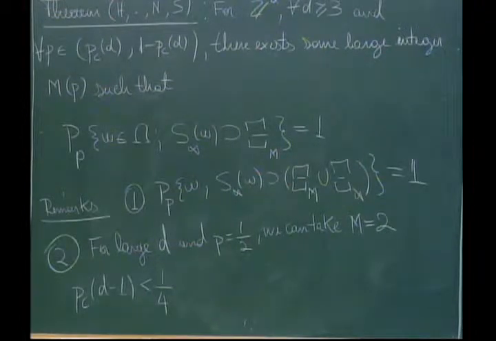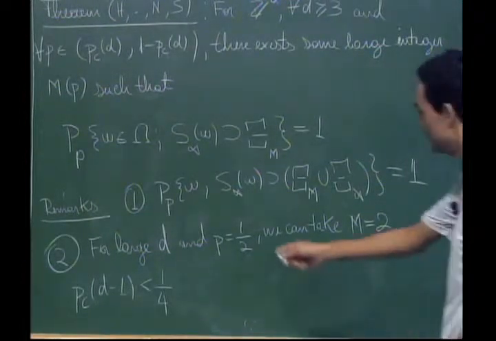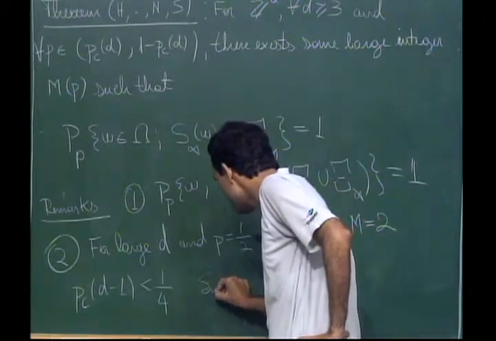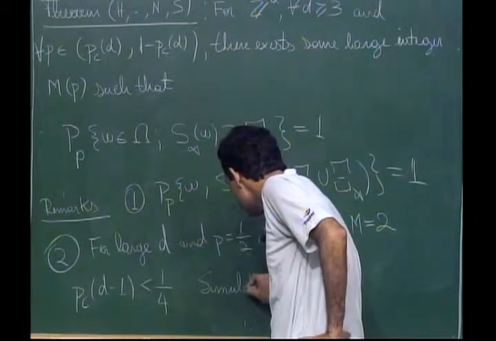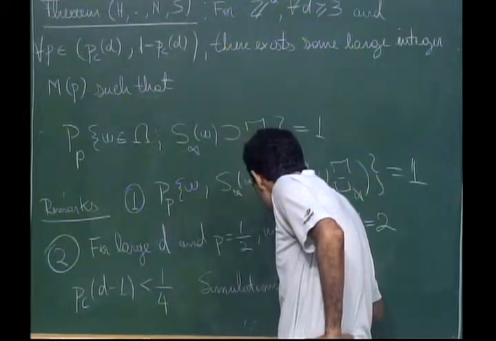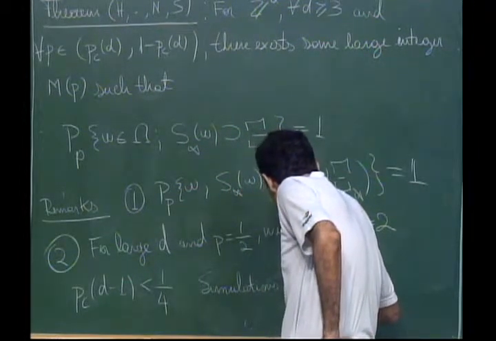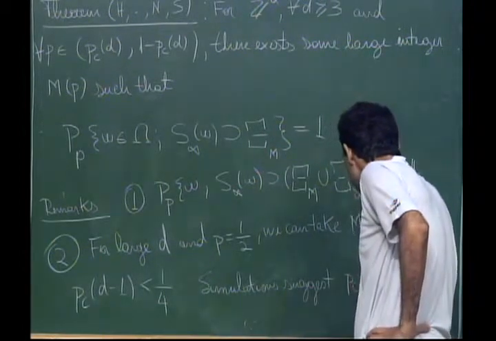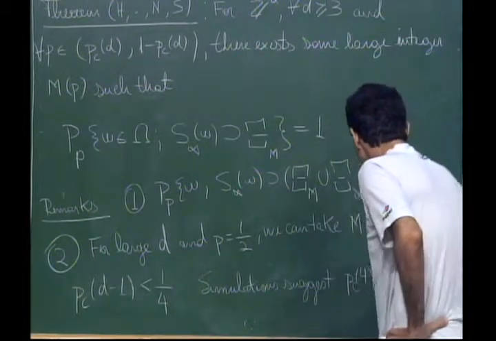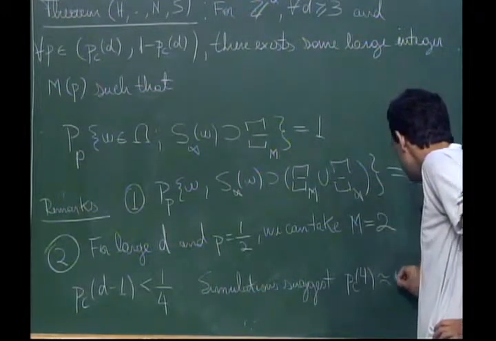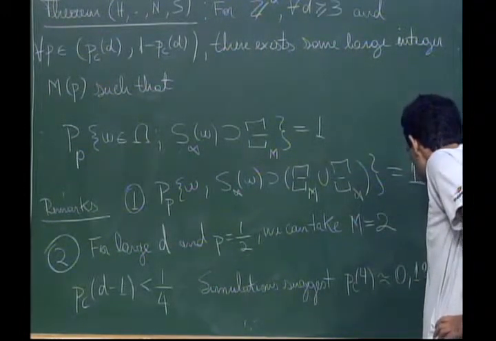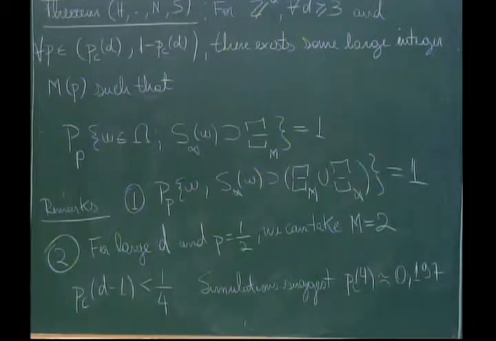Then, suppose that D is large enough such that this is true. Some simulations suggest that pc of Z^4 is around this, that is, 5 is large enough for us.